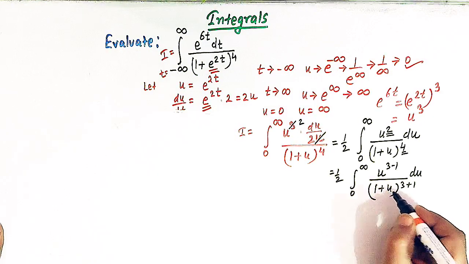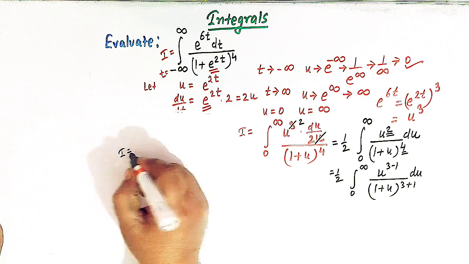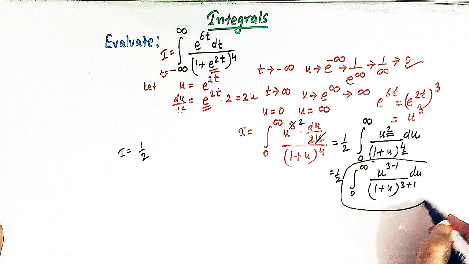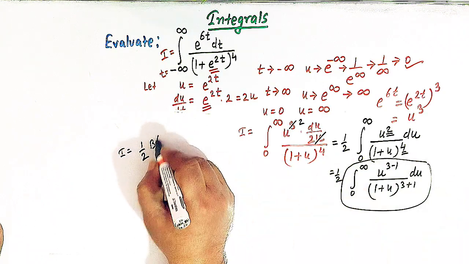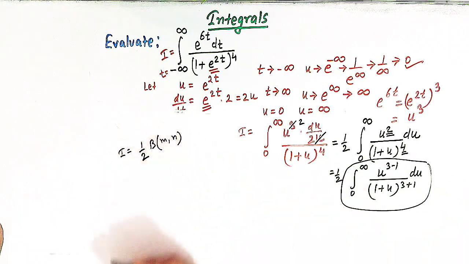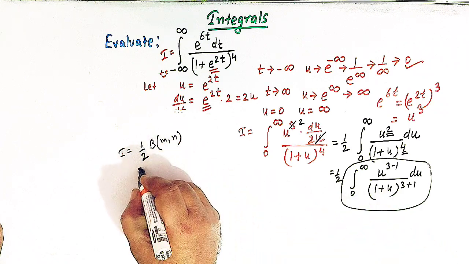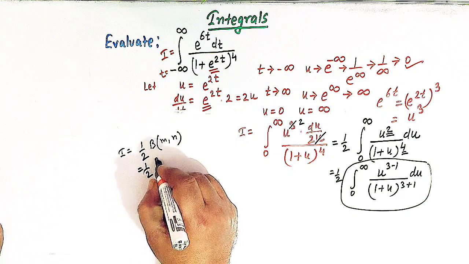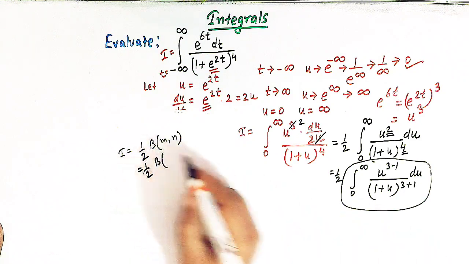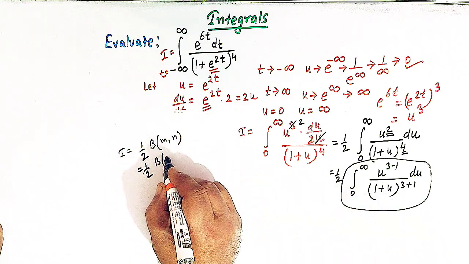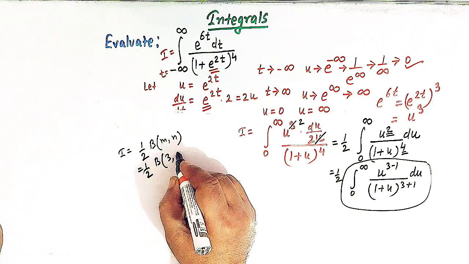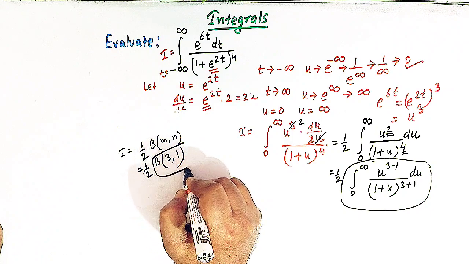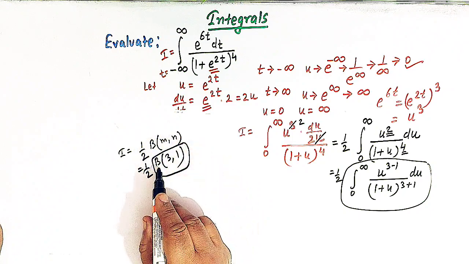So now this integral can be written as half times beta of m comma n, with m is 3 and n is equal to 1. Now we have to find the value of this beta function.